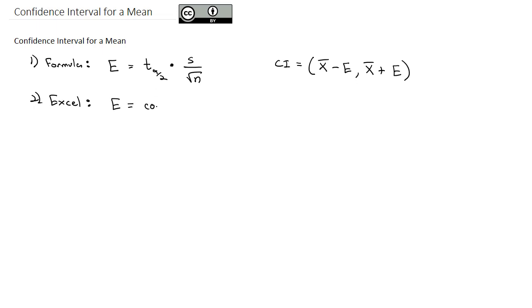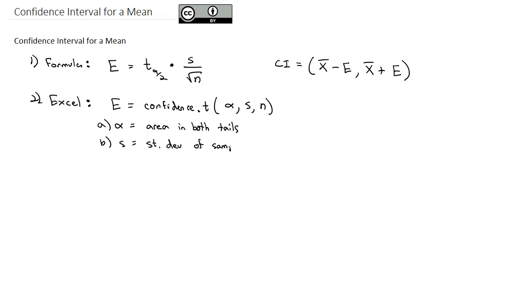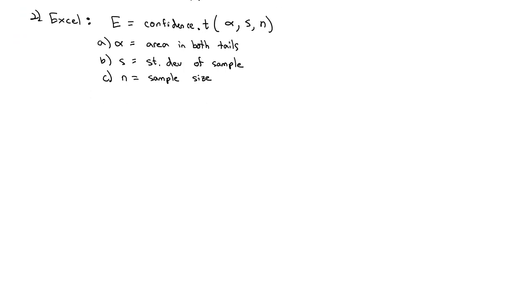The error is equal to CONFIDENCE.T, and then we'll do an alpha, S, N, where alpha is the area in both tails, S is the standard deviation of the sample, and N is the sample size. And that command's really going to do most of the work for us.